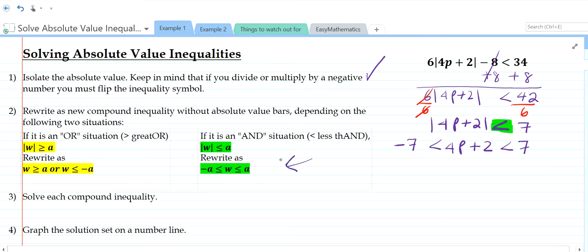Here is the rewrite. In here W, what I use as W, means whatever is in absolute value.